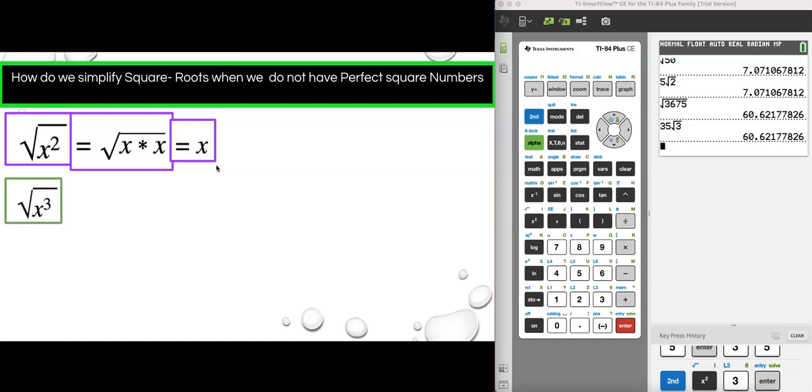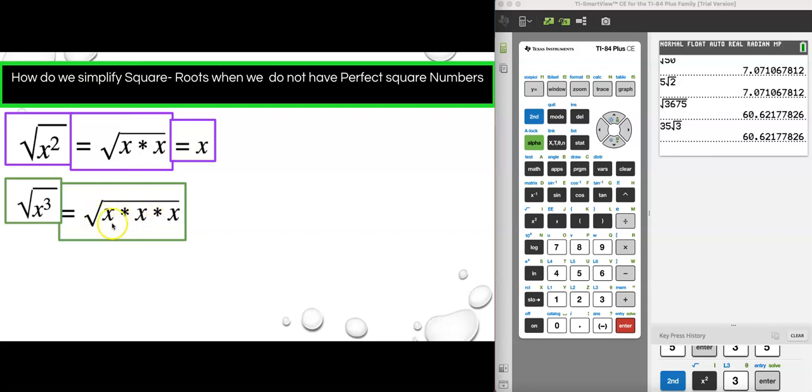What if I have x to the third power? Well, that's the same thing as writing the square root of x times x times x. I have 3 x's this time, but I need at least 2 x's in order to pull one of the x's out.